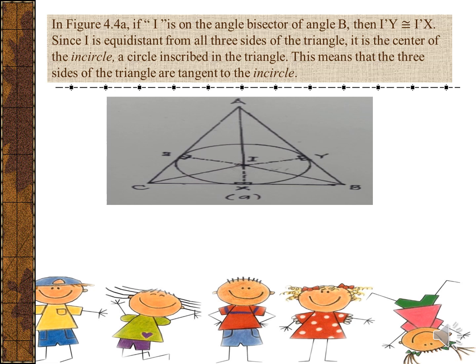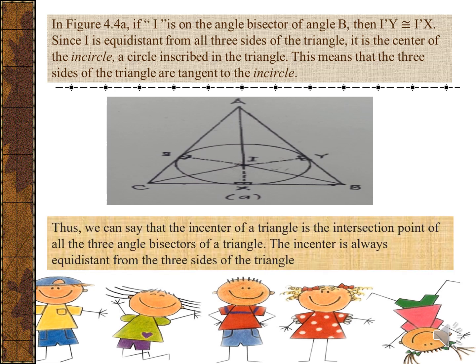Since I is equidistant from all three sides of the triangle, it is the center of the incircle, a circle inscribed in the triangle. This means that the three sides of the triangle are tangent to the incircle. Thus, we say that the incenter of the triangle is the intersection of the three angle bisectors.